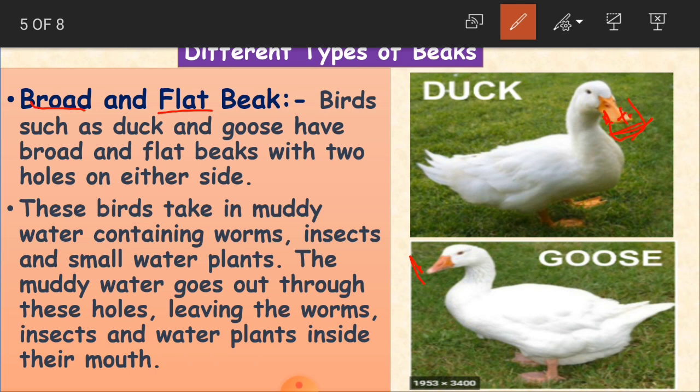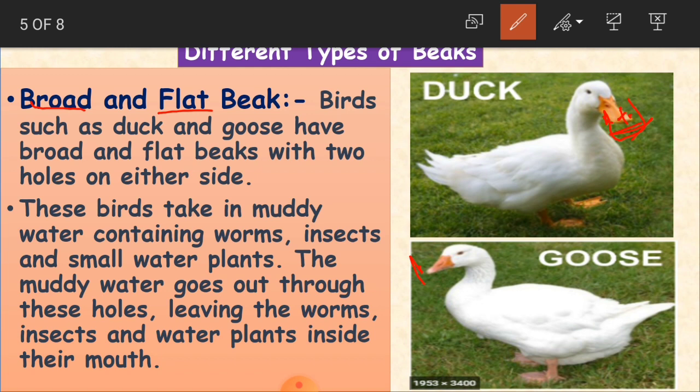Okay children, and these birds take in muddy water containing worms, insects and small water plants. And what is the food of these birds, children? So they take the muddy water. Where do they live? They live in muddy water, which is full of mud. In such places, ducks and geese live their life.